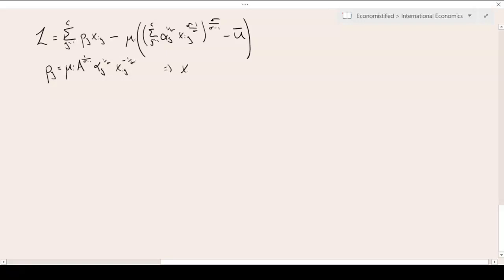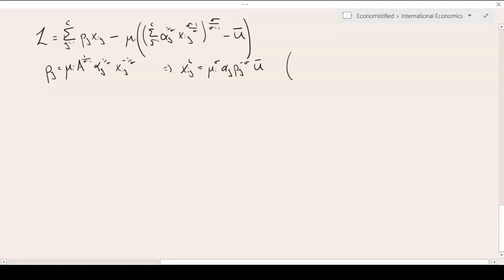Or rearranging, x_ig Hicksian, I'm going to denote it with an H there, is equal to mu_i to the power of sigma times alpha_g p_g to the minus sigma times u bar.